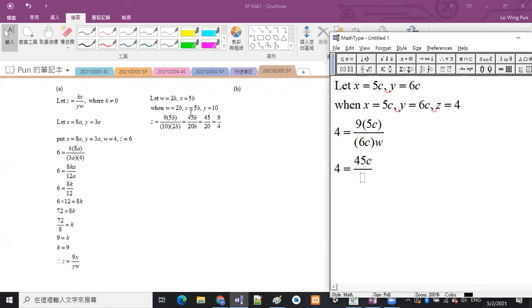And then 6c times w is 6cw. Okay? Can you see that the c and c, one up, one down, they can be cancelled by each other.